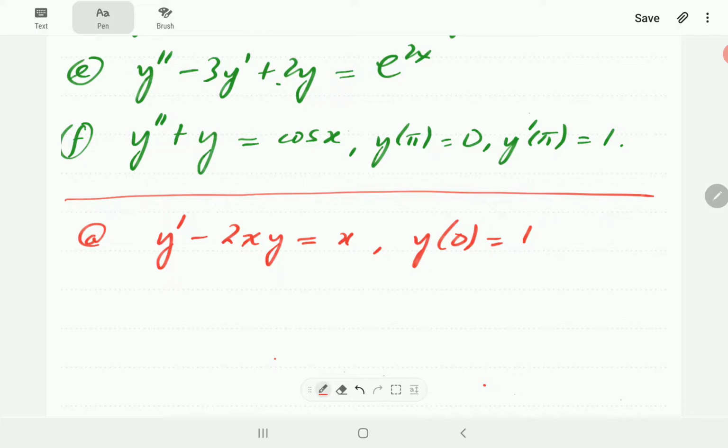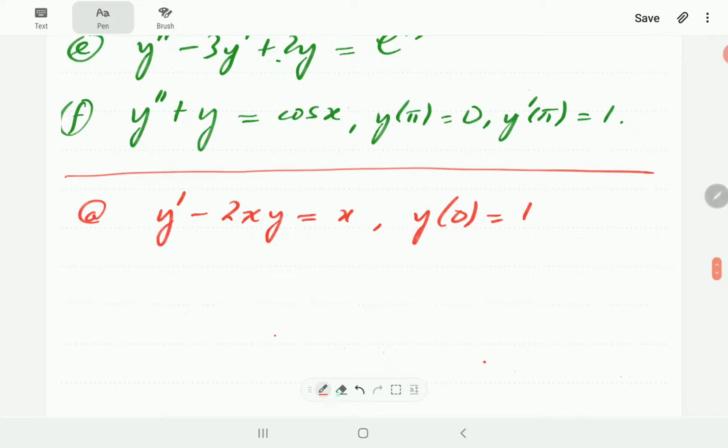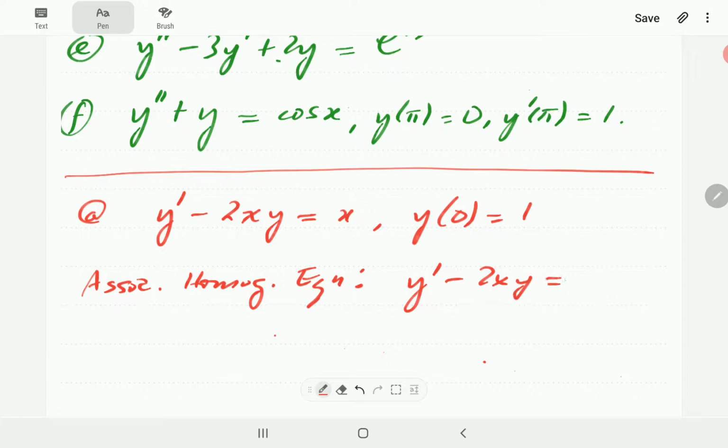So as we mentioned, the coefficients of the ODE could be functions of x, like we are having here. So the first thing we're going to do is to write out the associated homogeneous equation, which is simply the equation obtained by setting the right hand side to 0.